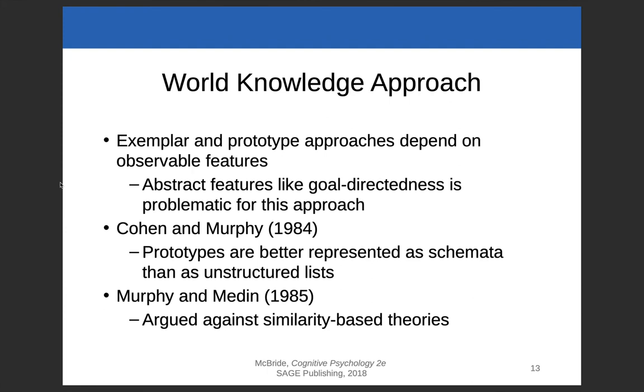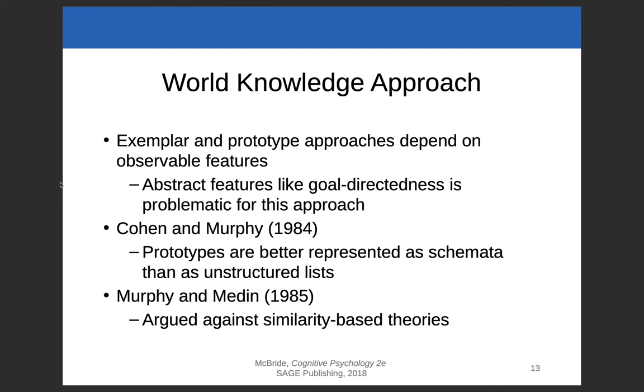You can't just look at it and say, "Oh yeah, that looks like a bird, so it's a bird." You have to know how it's used and what it's used for, and visualize it being used. So it's problematic to come up with exemplars using goal directedness, because it's so abstract. It's not like colors or shapes or anything like that.